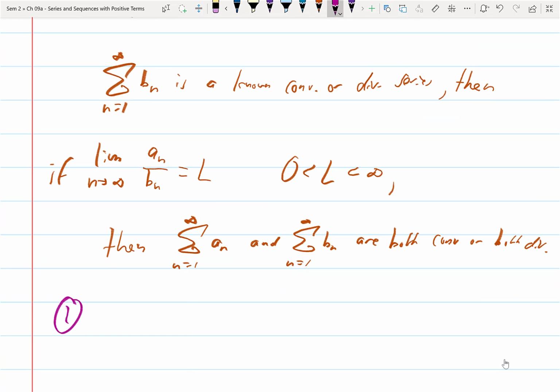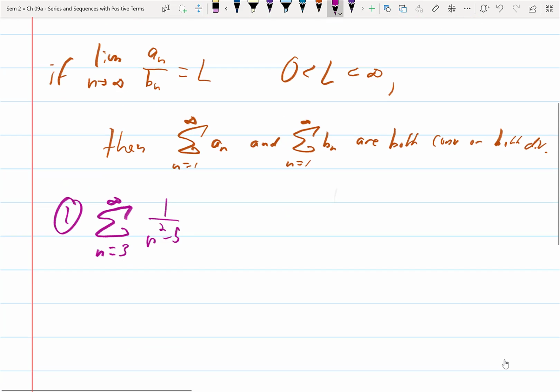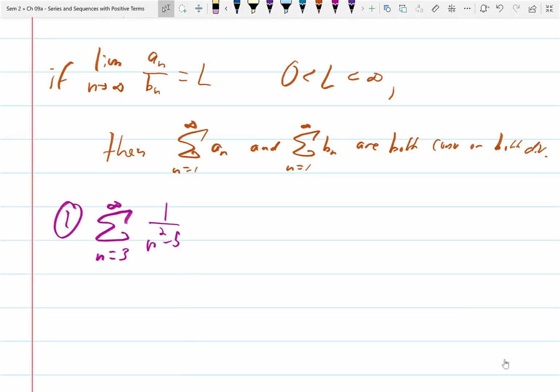So if I'm going to start with this and try an example, the sum from n equals 3 to infinity of 1 over n squared minus 5. Yesterday, we would have tried to do a direct comparison with 1 over n squared. 1 over n squared is a known what? Convergent P series.